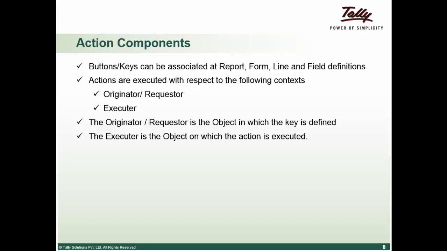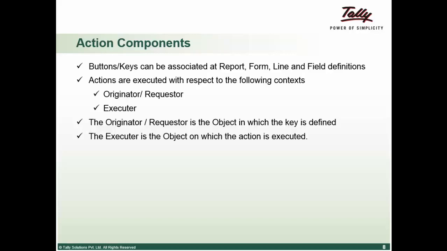Just taking a small example, we press a down arrow key. The event is passed from the current report to the parts that are mentioned, to the other interfaces that are mentioned in the report. That is, from the report it goes to the form, goes to the part, goes to the lines and the keys. The key could be possibly associated at say line level.